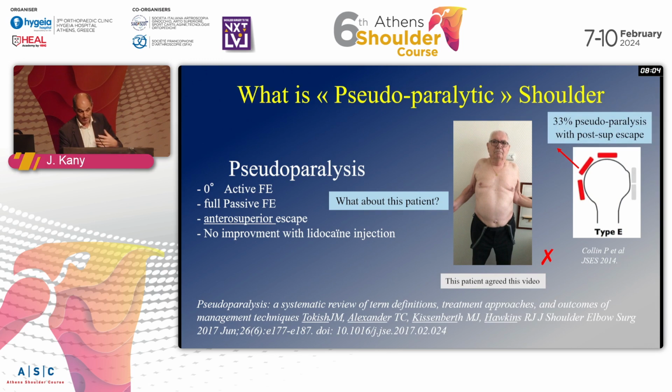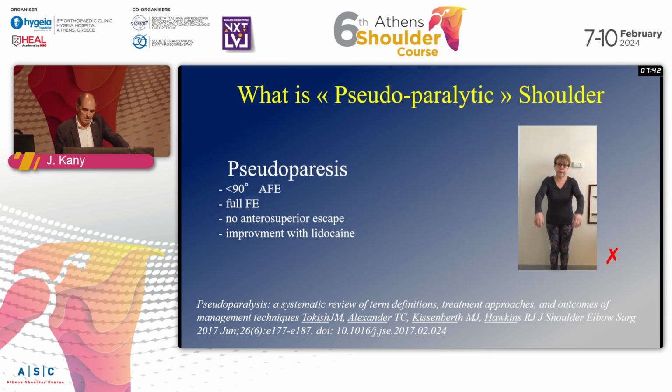And in this patient, in fact, he had a posterosuperior massive cuff tear. It was a type E from Philippe Collin. And we know with Philippe Collin that you may have 33% of pseudoparalytic shoulder and you don't have anterosuperior escape. So the definition of pseudoparalytic shoulder cannot be anterosuperior escape.